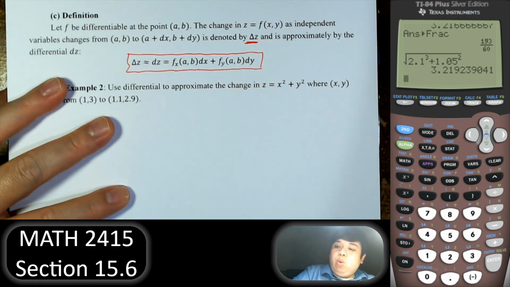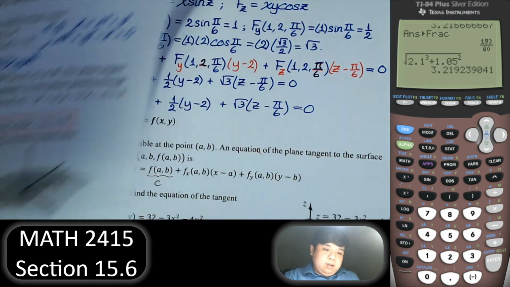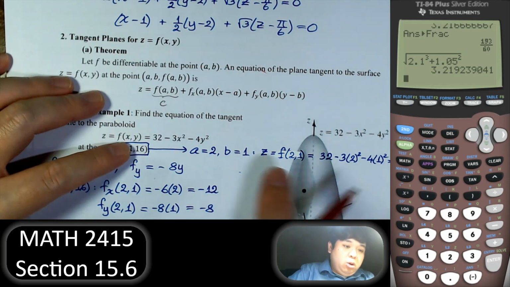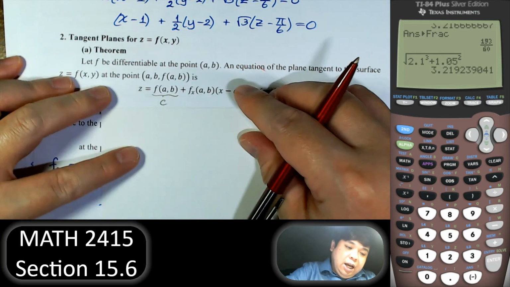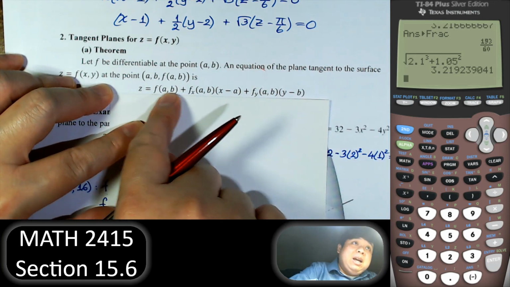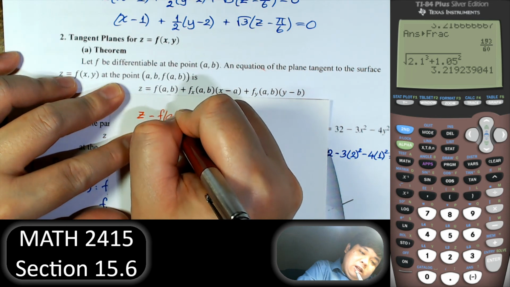So compared to the equation we have earlier, let me just look at this equation here. Now if I move the f of ab to the other side, I have z minus f of ab.